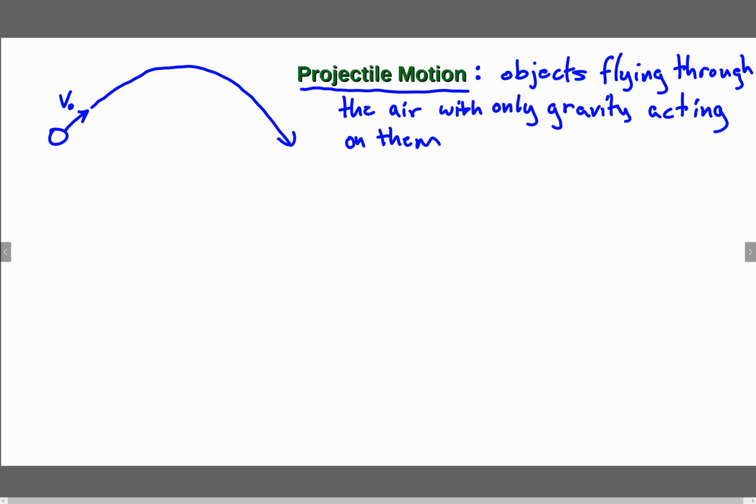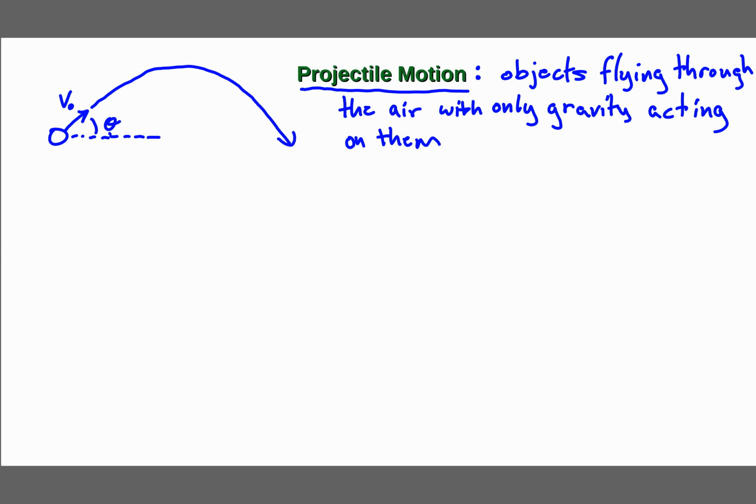Okay? And it's really common in projectile motion to describe this initial velocity vector with a speed v0 and an angle above the horizontal. This is our most common way to describe the initial conditions for projectile motion.